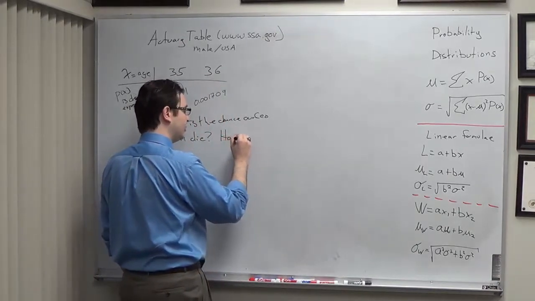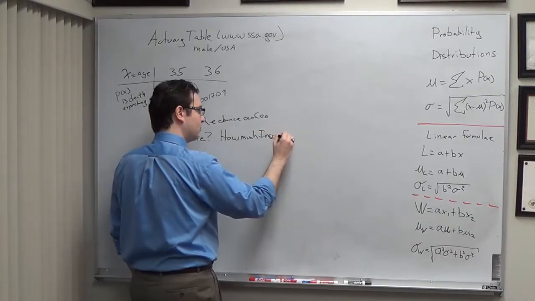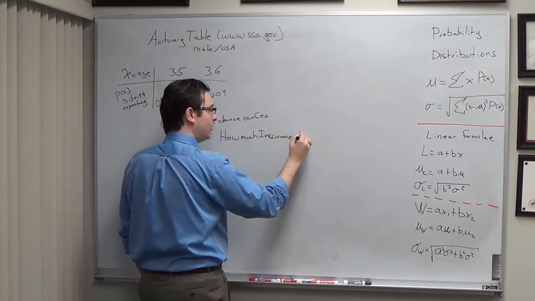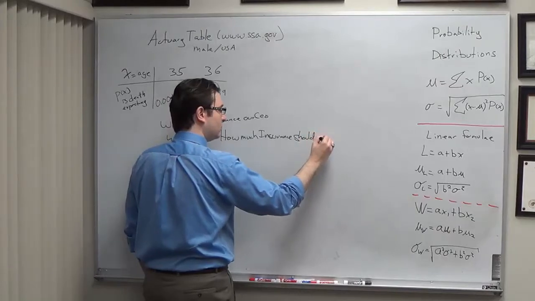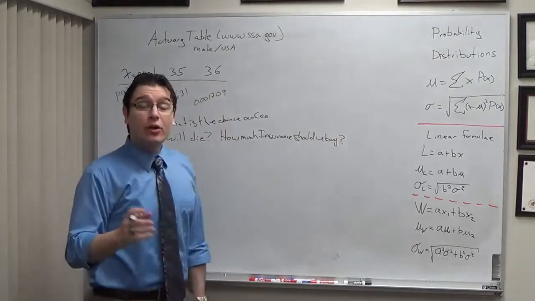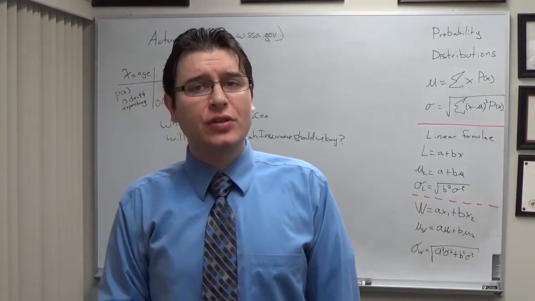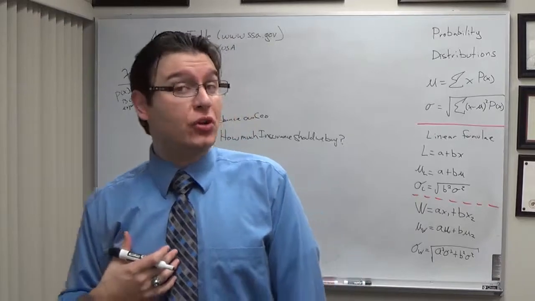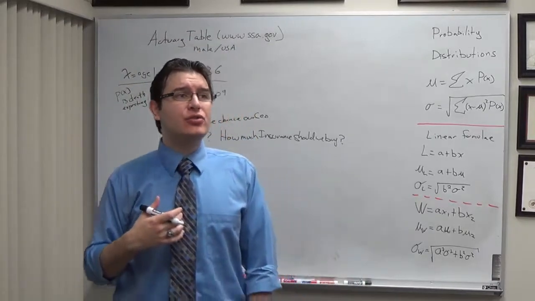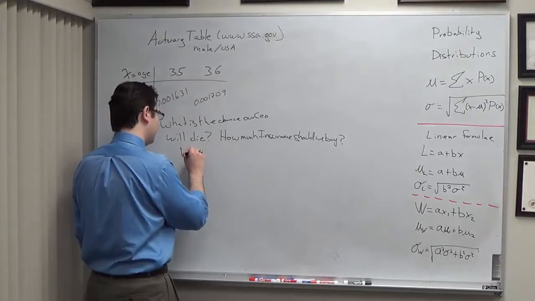So how much insurance should we buy? And our last question is, what is the expectancy of that insurance? What should that insurance cost me? And how is that all going to work out? So what should I pay?